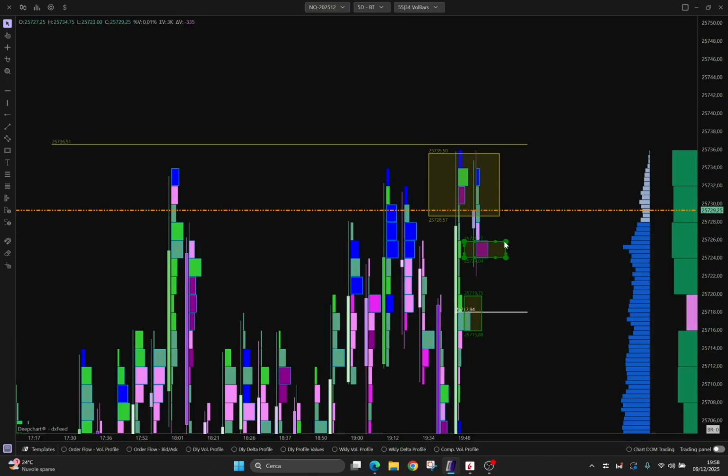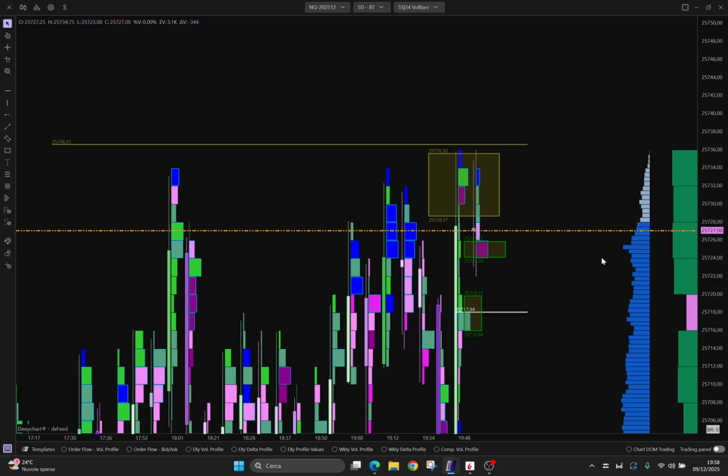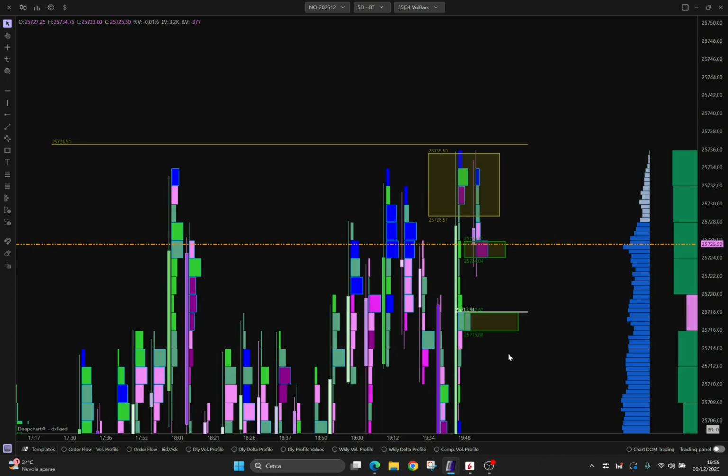They try to push back again, absorbed, still top of the range. I want to see this level tap. 25717.94.